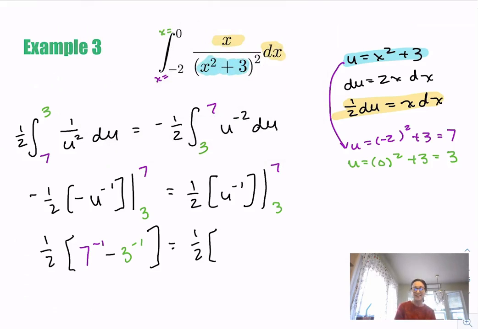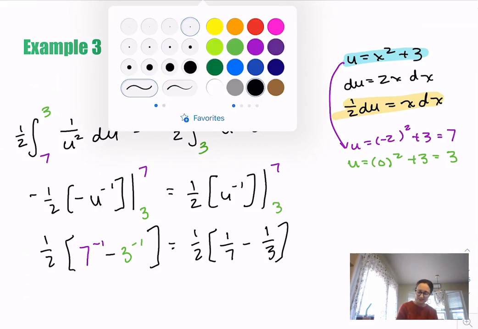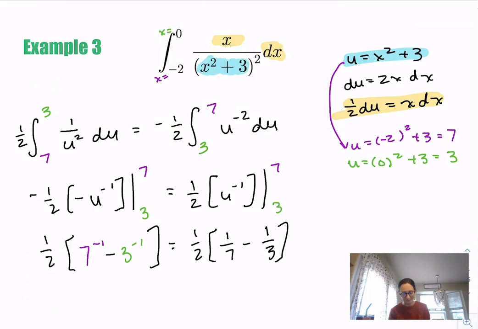So cleaning this up a bit, 7 to the -1 is 1/7, minus 3 to the -1 is 1/3, right? So let's get a common denominator here of 21. So multiplying top and bottom by 3 in this case, multiplying top and bottom by 7 in this case.